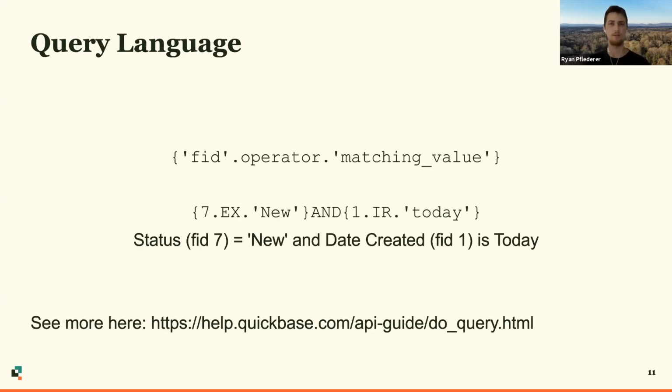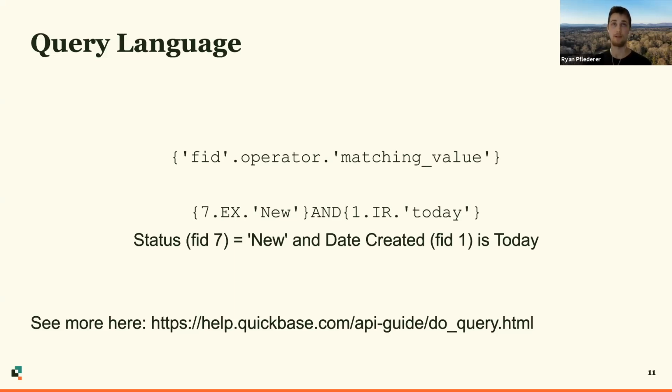And so some of you, especially some of you beginners, may not really be familiar with the Quickbase query language. So just real quickly, I'm going to touch on that here. When we're creating a query string, we need to pass in the field ID of the field that we want to test against. We need to pass in an operator of how we want to test against it. And then whatever that value is that we're testing against.